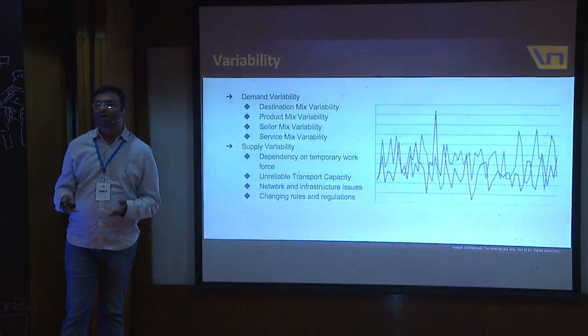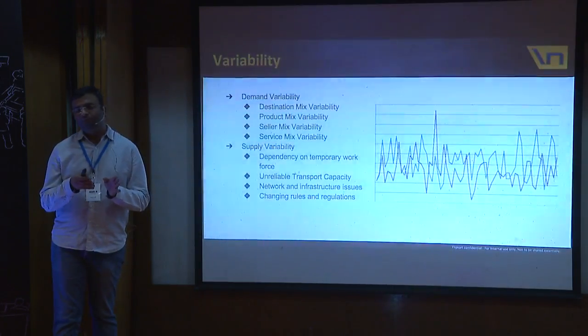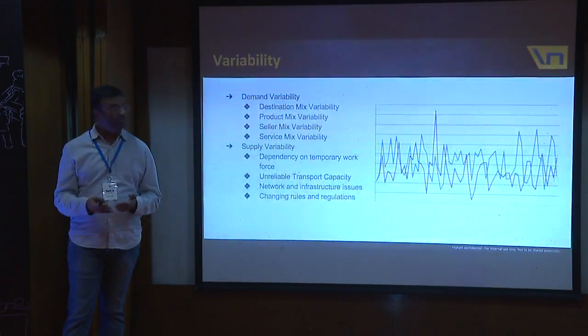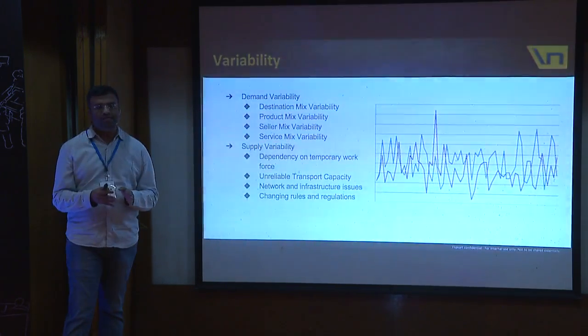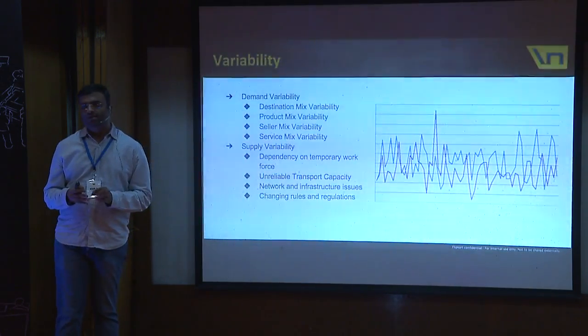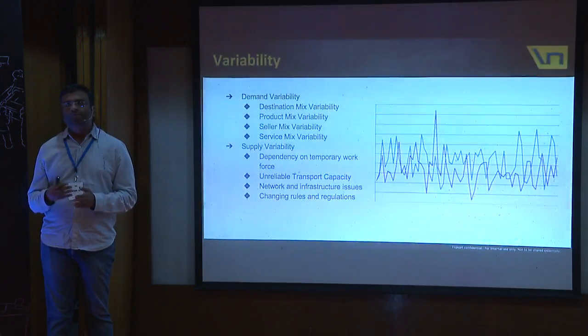At most, you can predict how many orders you're going to receive every day. It's very difficult to predict at this granularity the number of shipments you're going to receive. So there's a huge amount of variability in the destination mix, product mix, seller mix, and service mix, right? All this variability adds to the complexity of the problem.